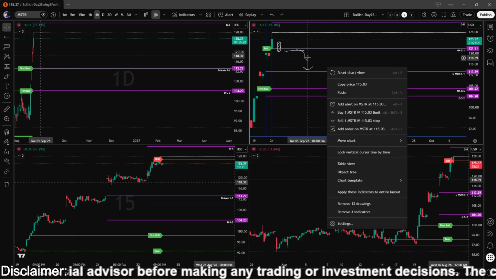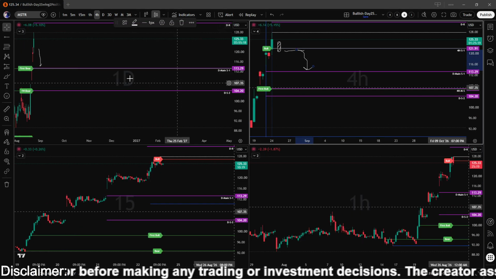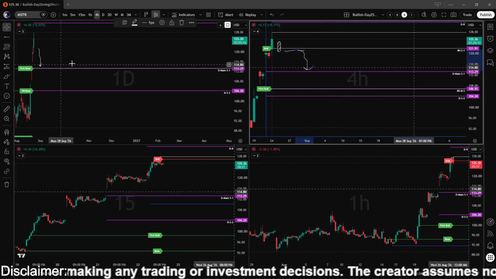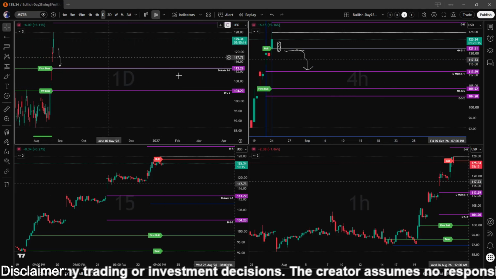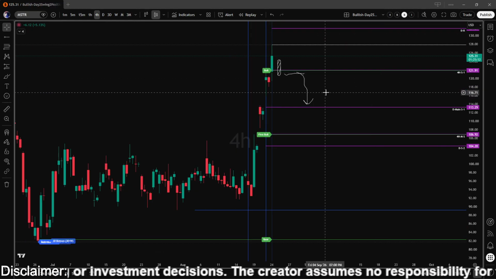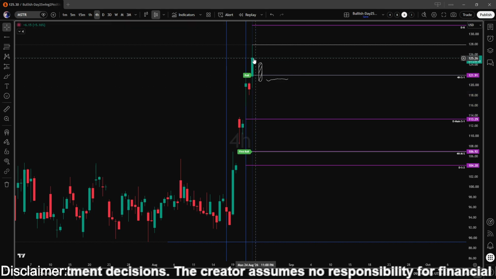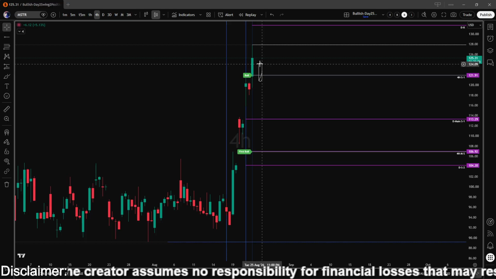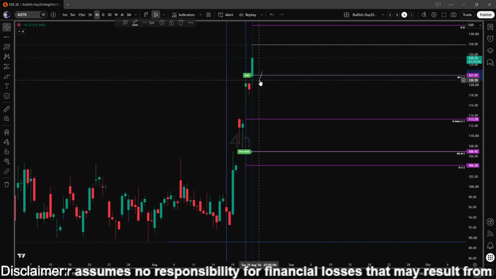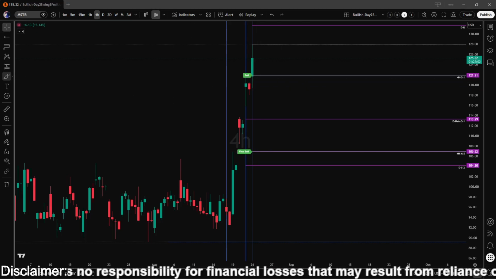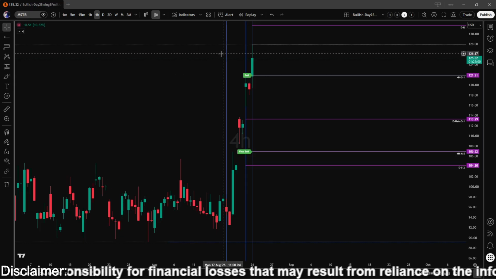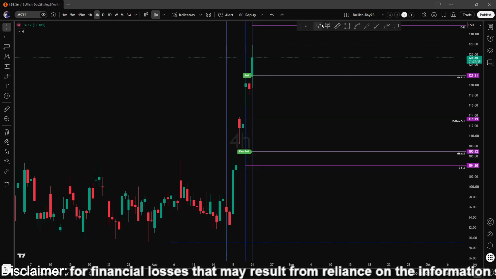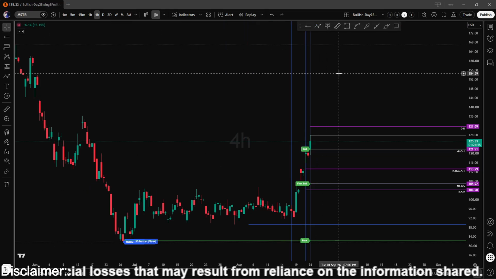What is this level? This daily level which I was talking about in this daily level analysis. Let's delete these. Okay, let me take these directional path.